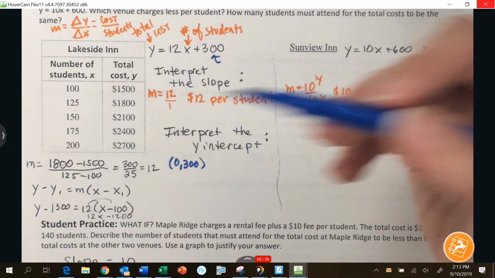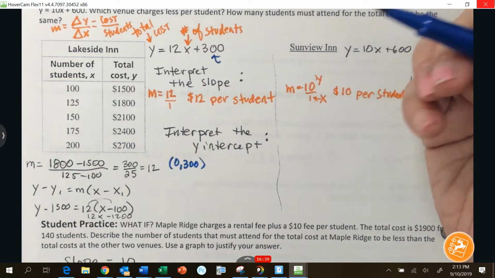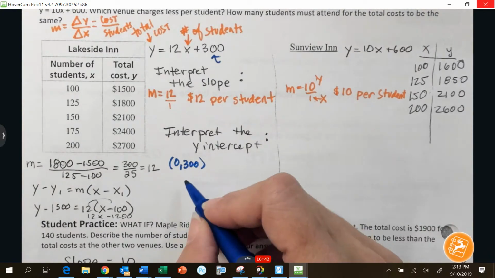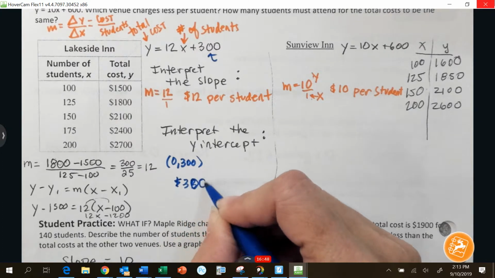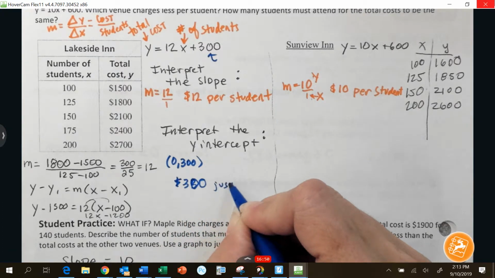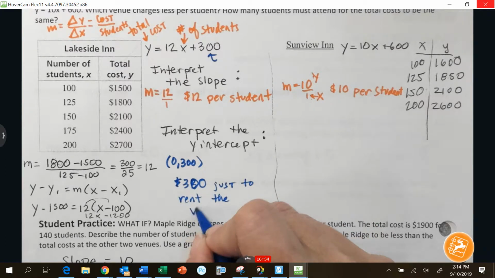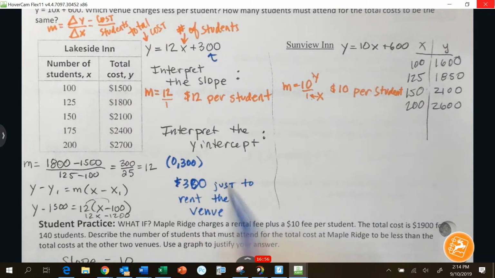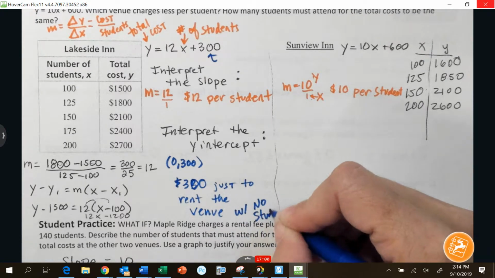It's $300 just to rent the venue or place with no students.